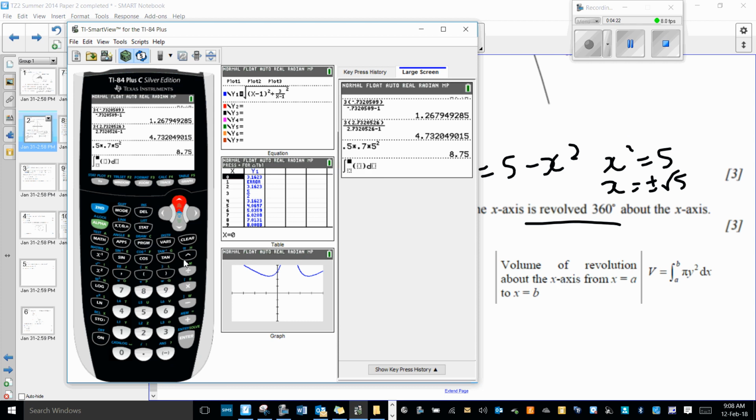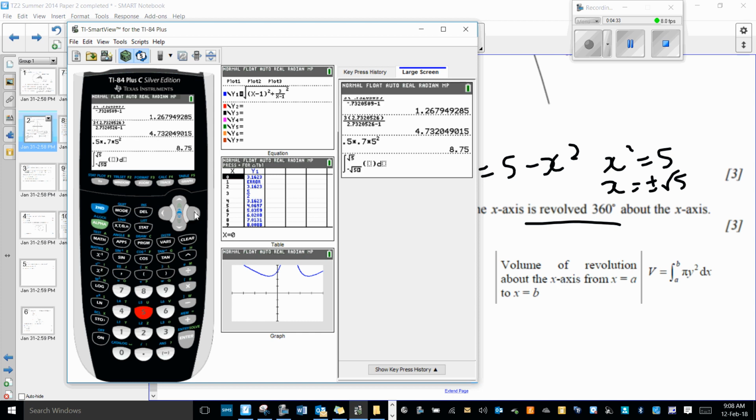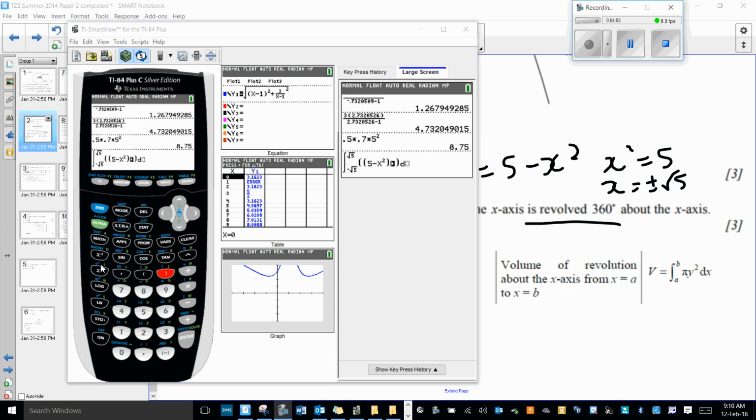So that's root 5, negative root 5, and brackets 5 minus x squared brackets, squared, and dx.